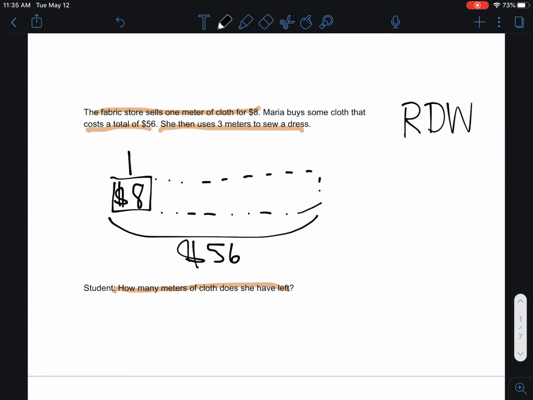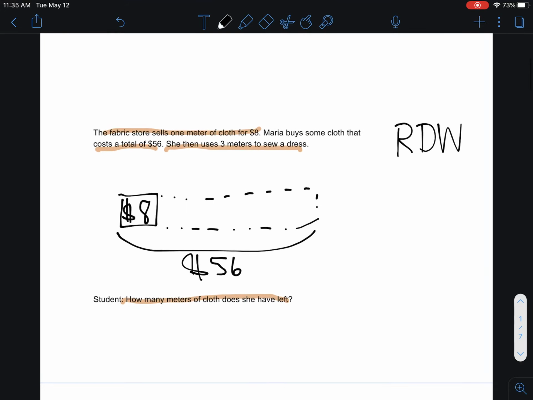So what I can do to solve this is I can skip count. So 8, 16, 24, 32, 40, 48, 56. So let's see how many times we skip count it till we got to 56.